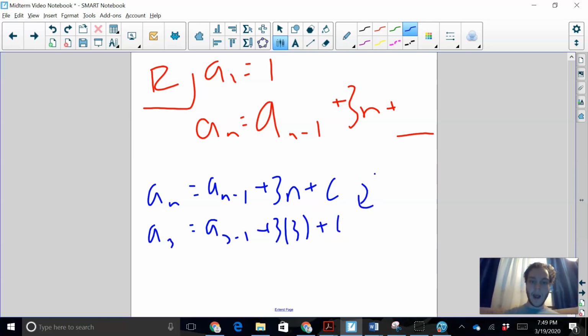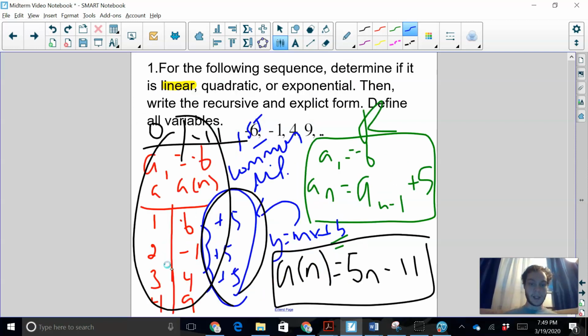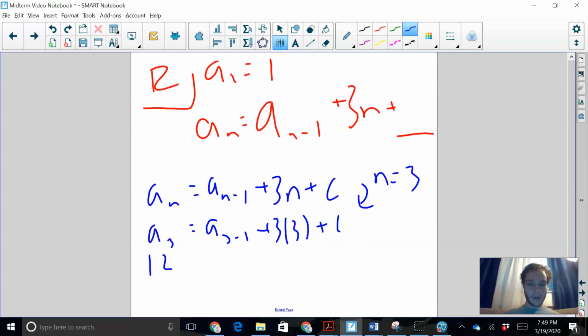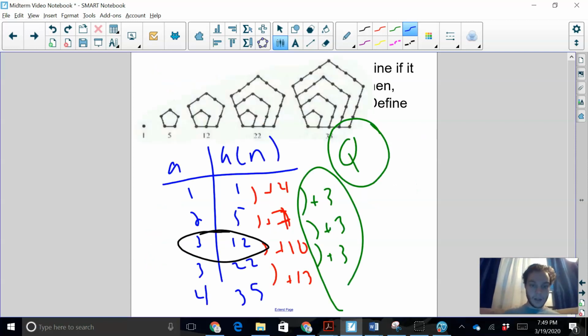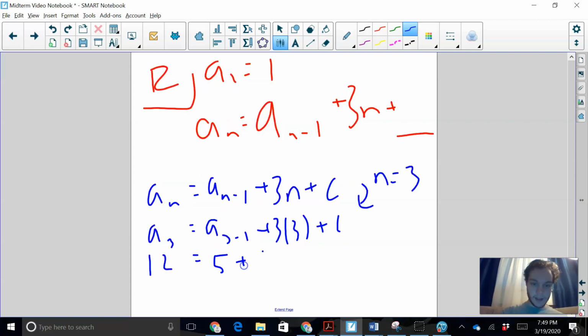From here to here, I just let n equal 3. That's all I did. So a sub 3 we know is 12, looking at the table on the page before, just right here. This here is going to be a sub 2, and a sub 2 is 5 plus 9 plus c. Now I'll just simplify that there.